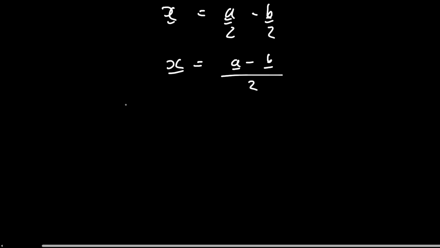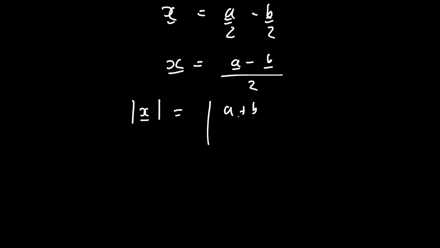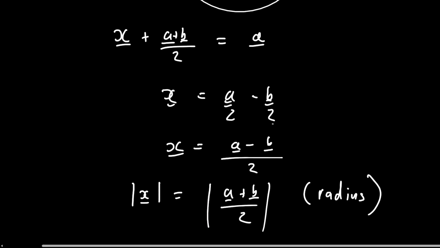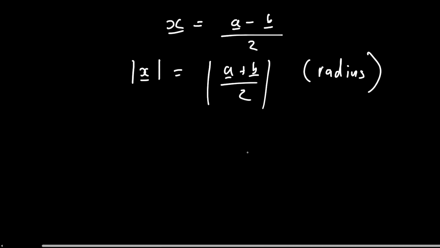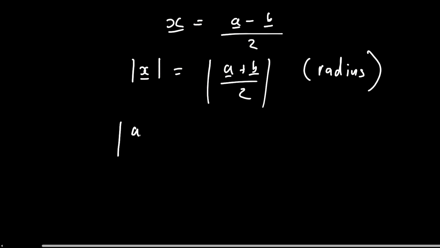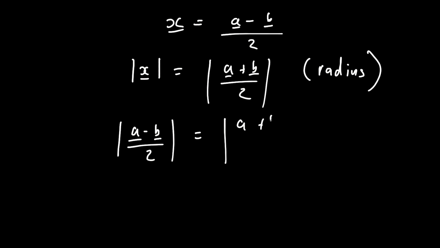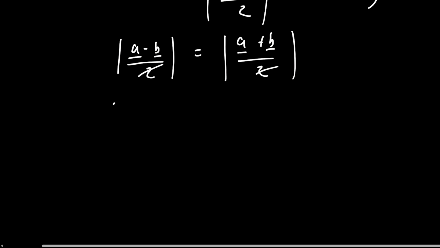So I'm going to make the statement that the modulus of X needs to equal the modulus of (A plus B) over 2, and just say that this is a radius, and that's a property of the circle. Now I'll substitute what X is, and I'll get the modulus of (A minus B) over 2 equals the modulus of (A plus B) over 2. Get rid of the halves, and we're left with this.